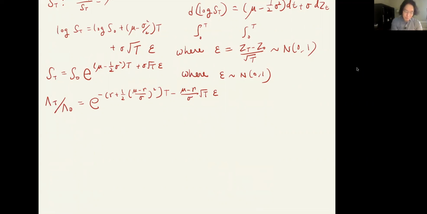In other words, both ST and lambda T over lambda 0 are log normal. Both are log normal random variables.